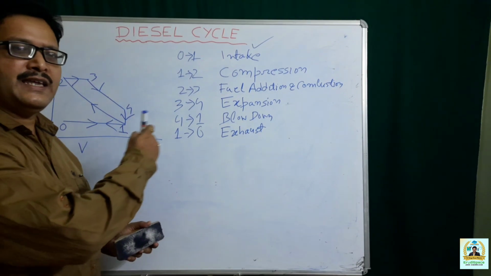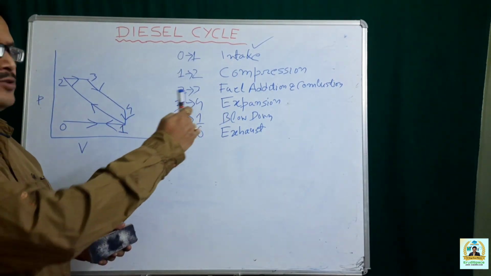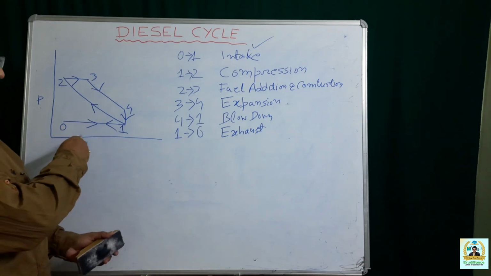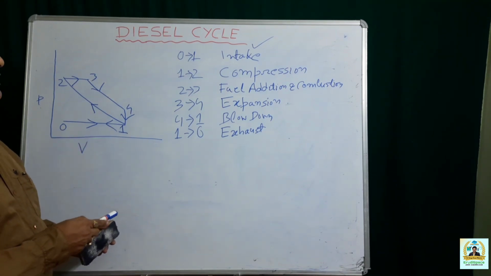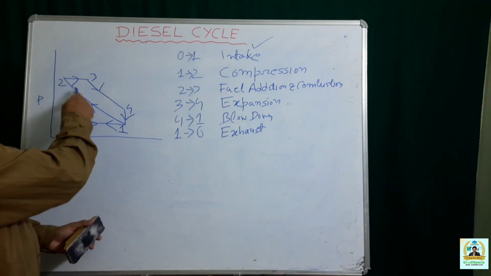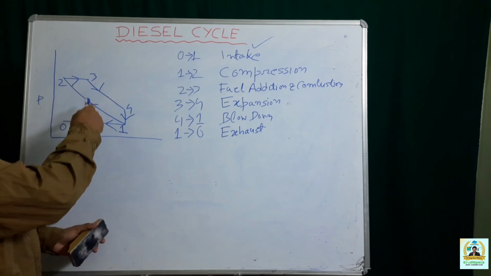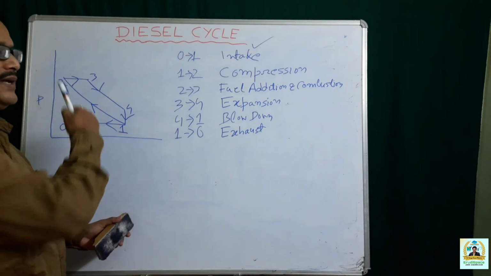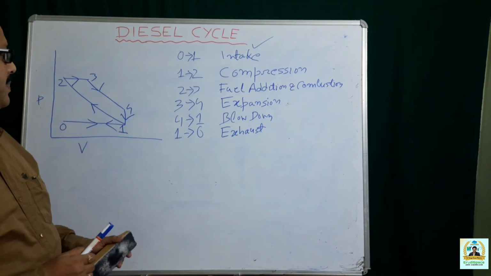First, air is admitted into the system during process 0-1, as has been shown in this PV diagram. Then 1-2 represents your compression. That means the air that is admitted into the system is compressed to the clearance volume.